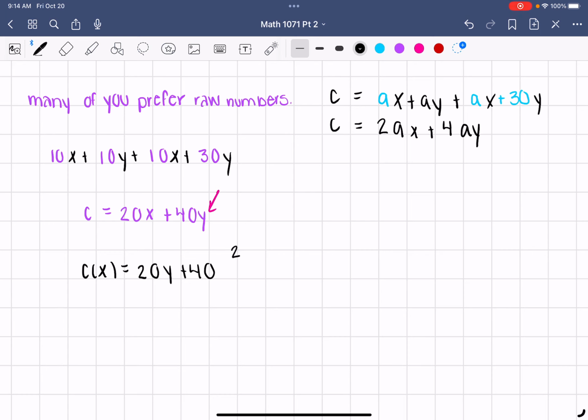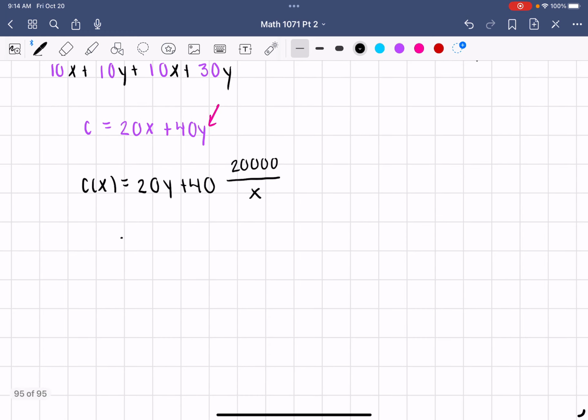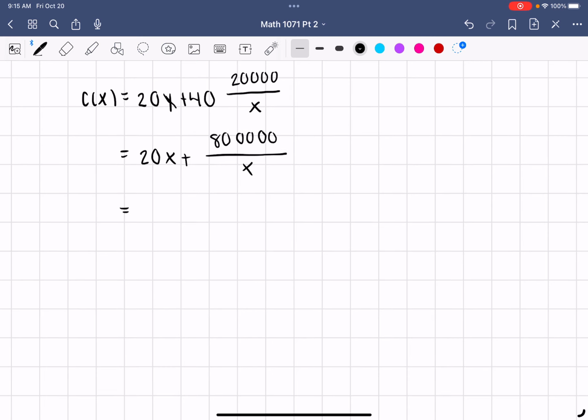And so I want to take the derivative, but you know how to take the derivative here, right? Because this x in the denominator is the same as x to the negative 1. So now when I take the derivative, c prime, the derivative of 20x is 20. And so this 800,000 is coefficient, it stays. The old power is the new coefficient, the negative 1 comes down. The new power is 1 less, negative 1 minus 1. Are we okay? Is there anything you want to ask about?